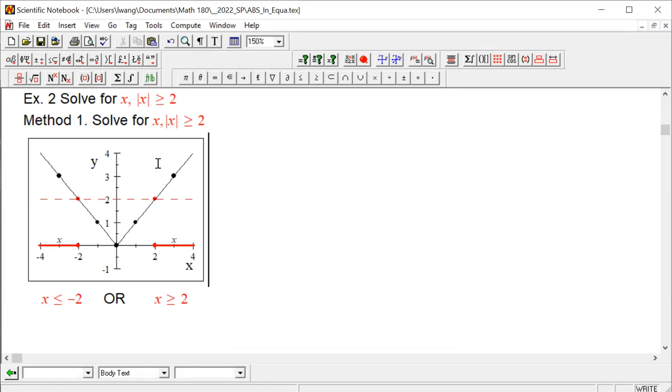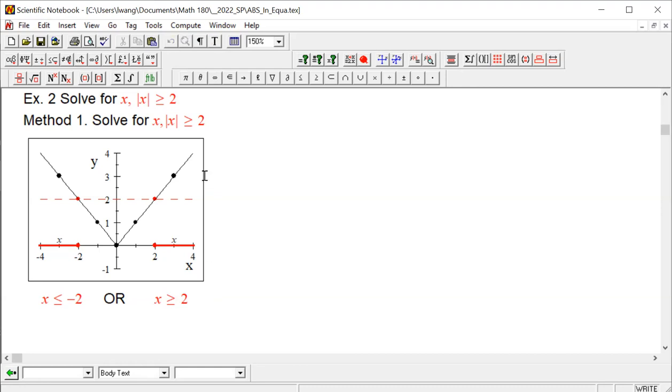Okay, the only difference is that when the output is equal to 2, it will also be a solution. So as a result, our solution will be x less than or equal to -2 or greater than or equal to 2.